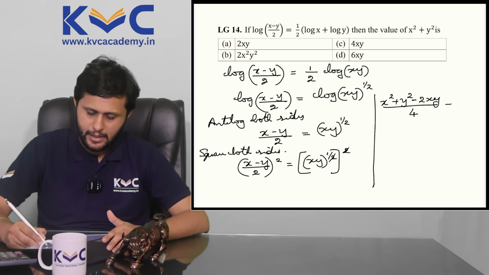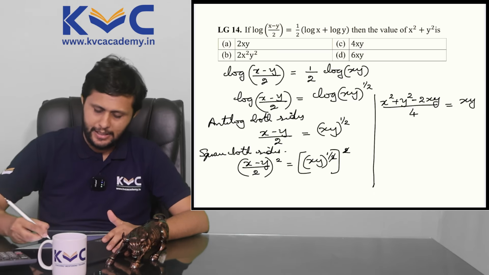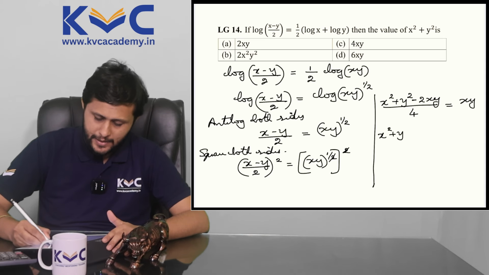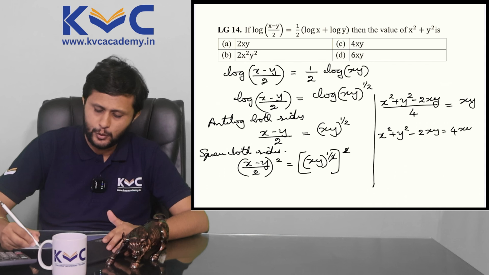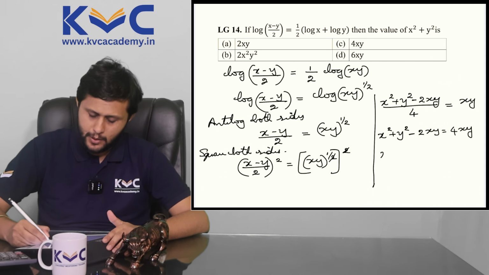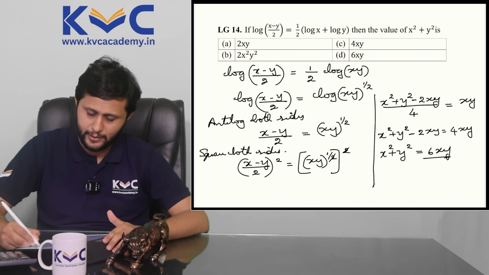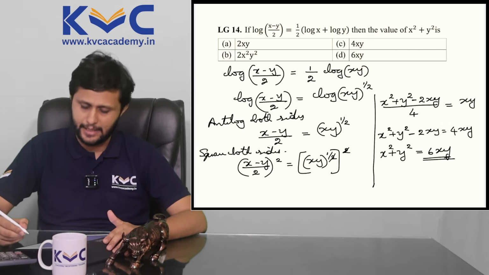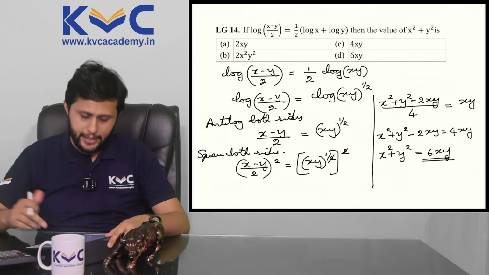I get 4, equal to xy is all that is remaining. Cross multiply. I have x square plus y square minus 2xy equal to 4xy. Correct? 4 is multiplied. Now what is the requirement of the question? Just x square plus y square. Taking minus 2xy to the other side, we get x square plus y square equal to 6xy. Moving on to the next question.